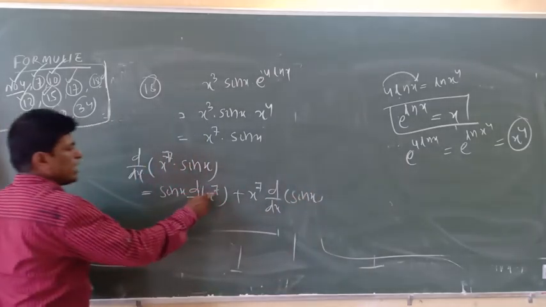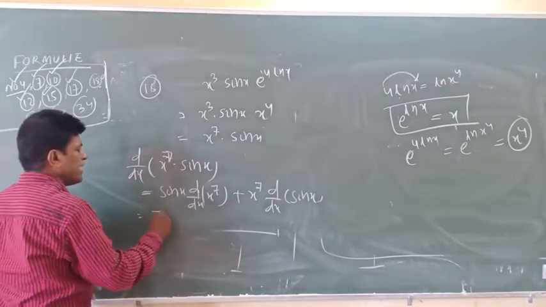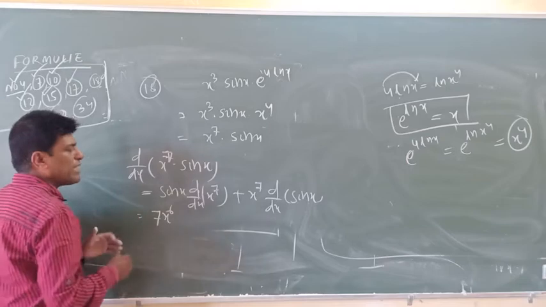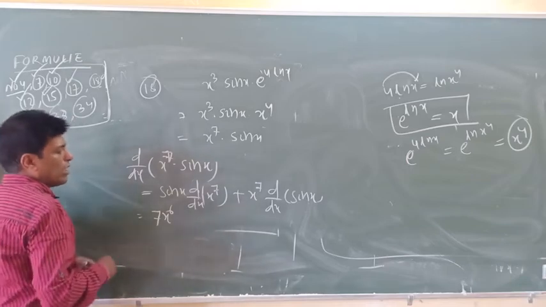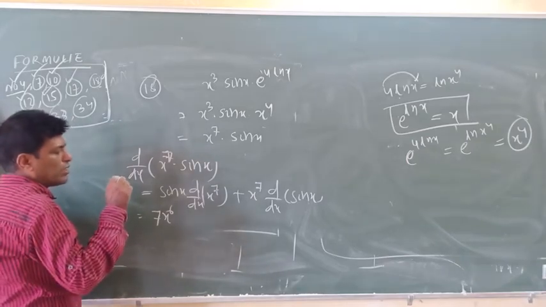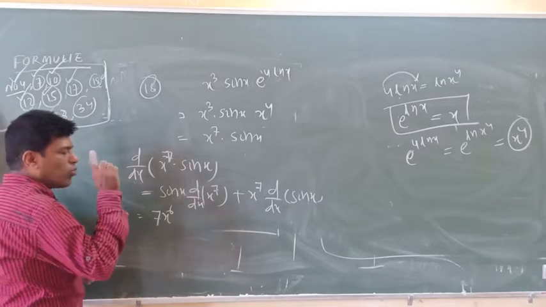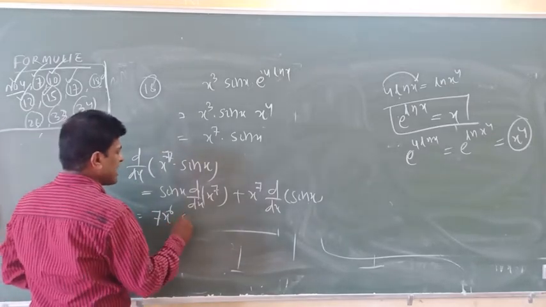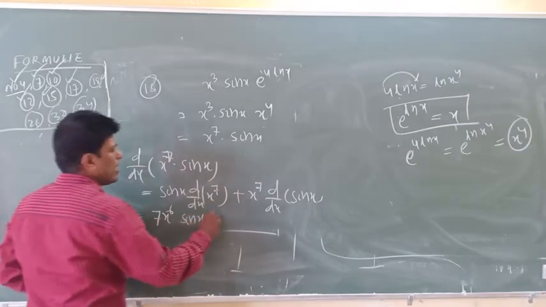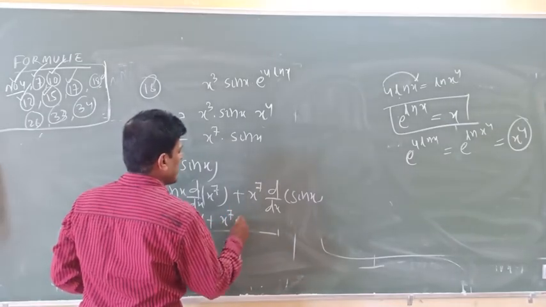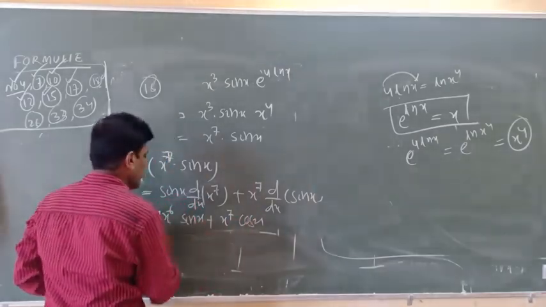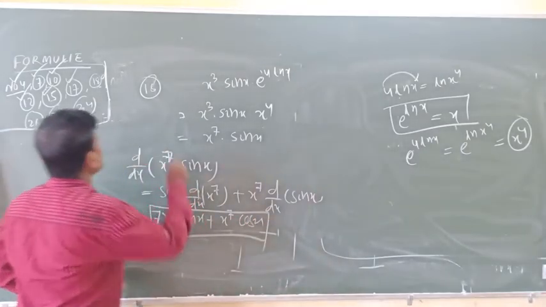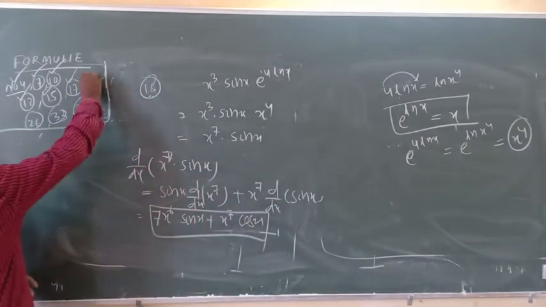The derivative of x to the 7 is equal to 7 x to the 6, the 7 coming first and the power reducing by 1. So that becomes 7 x to the 6 sin x plus x to the 7 times the derivative of sin x, which is cos x. That's all about your number 18. So number 18 is also completed.